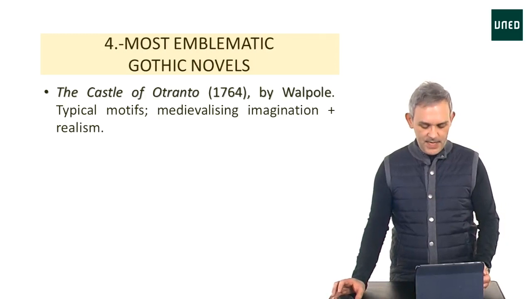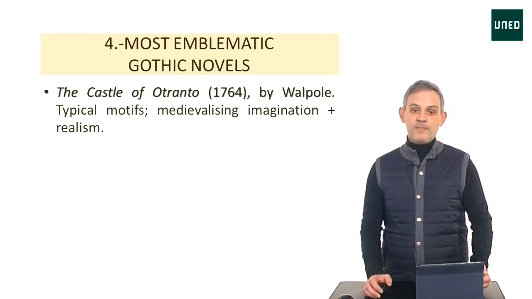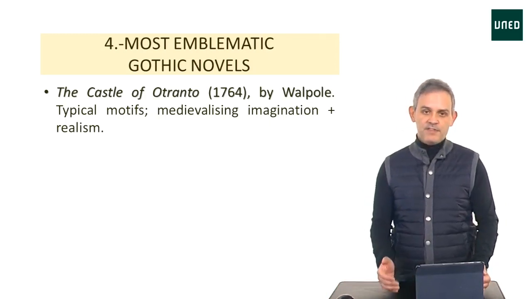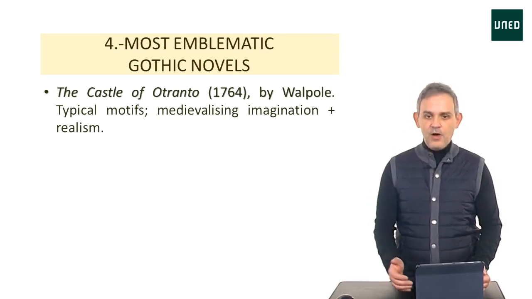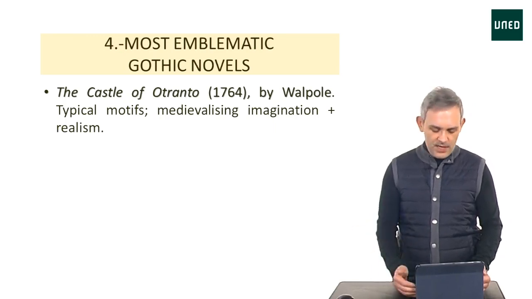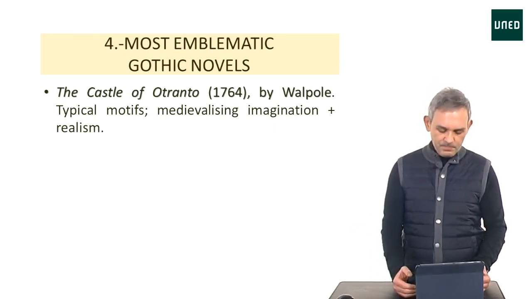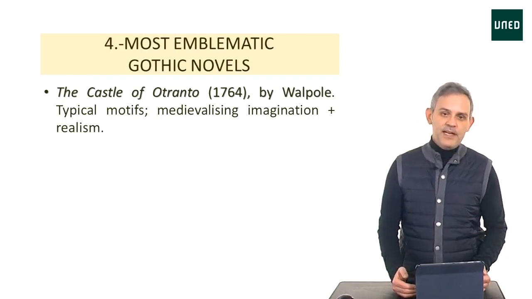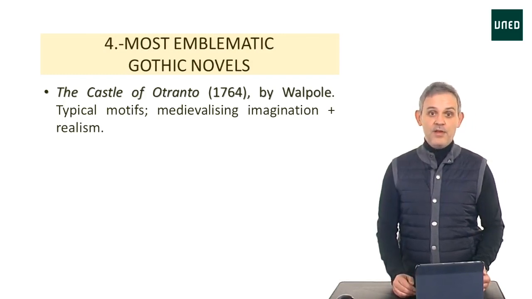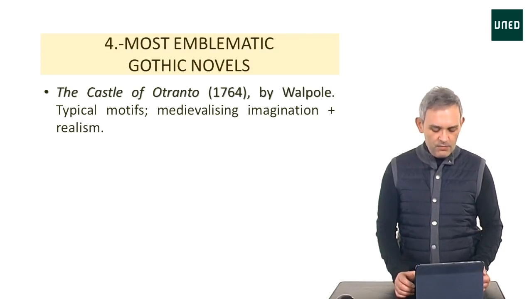It introduces some of the basic motifs of Gothic fiction, the motifs that will become typical. A haunted castle as a spatial setting, a melancholy hero, a damsel in distress, all these elements that we have talked about already. And it is prototypically Gothic in combining the imagination of medieval romance with the realism of the new novel.